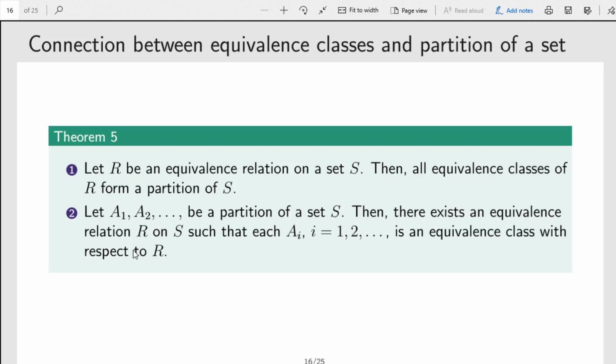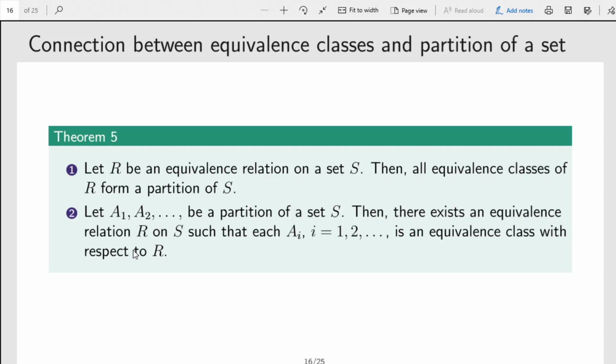And the other direction: if you have a set S and A1, A2 and so on form a partition of S, then there must be an equivalence relation R on S such that each member of the partition is actually an equivalence class with respect to R. So this forms the other direction.